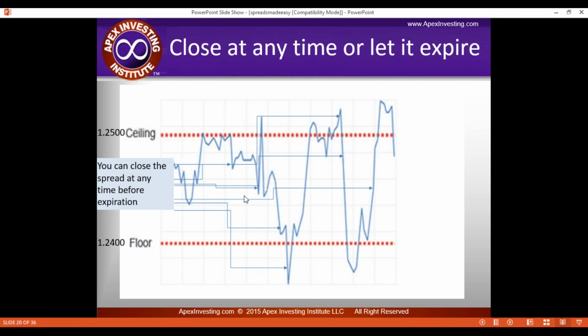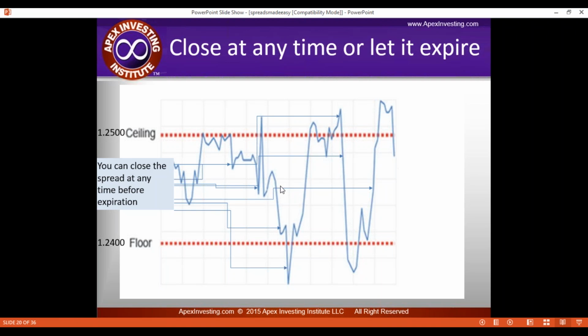Okay, Oliver brings up a good point. The ceiling and the floor protect you and cap you, meaning if I'm buying at 24.10 and I'm wrong and it goes way down, I'm not losing hundreds of dollars. I'm not losing thousands of dollars. I can only lose to the floor. If I'm wrong and the market goes way up, I only make money to the ceiling.